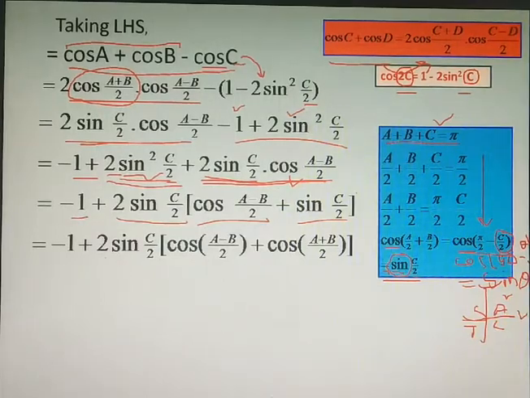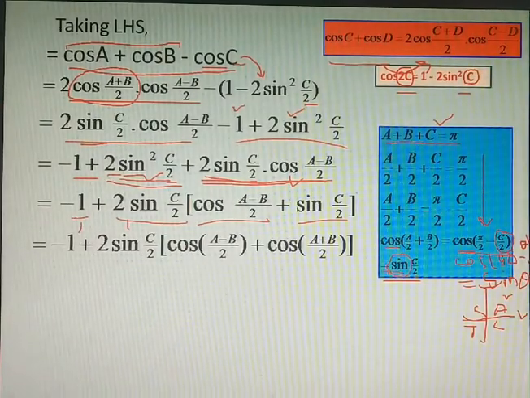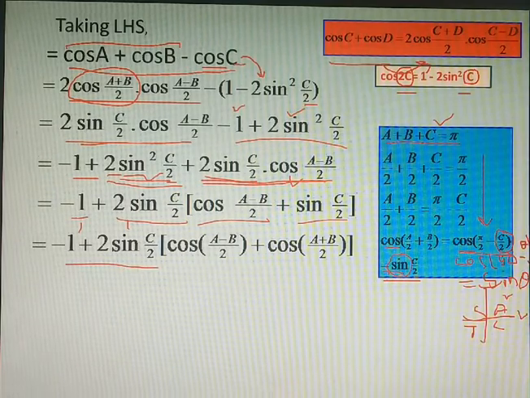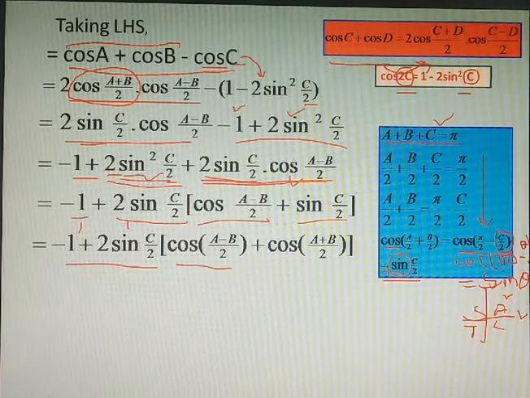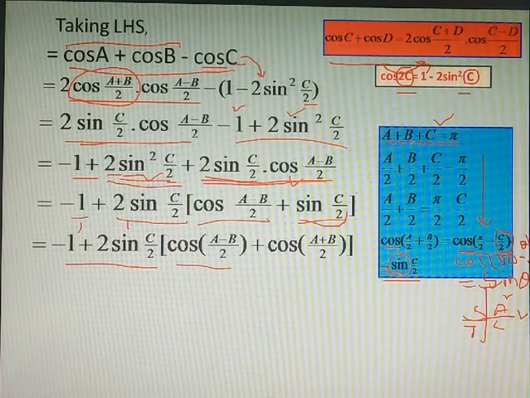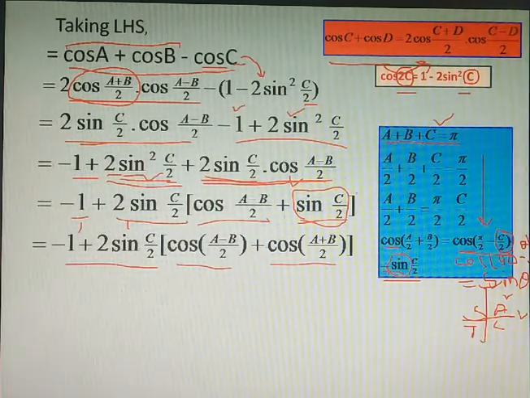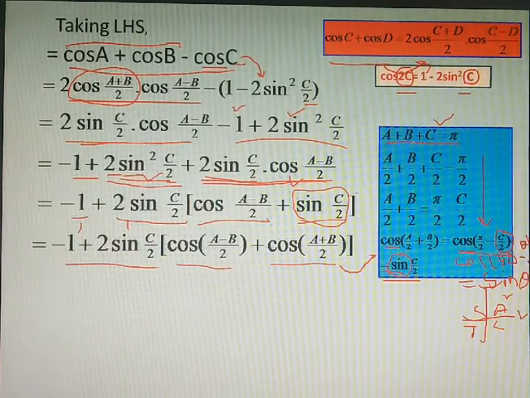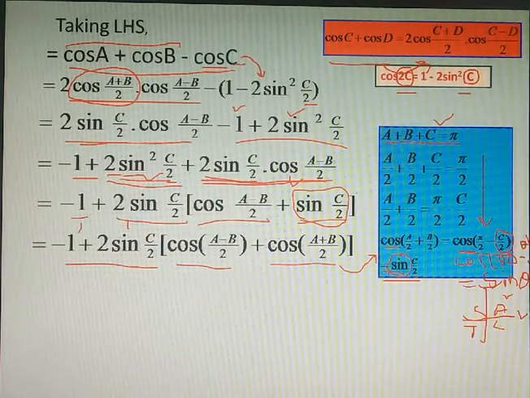And then after this step, we can write −1 − 2 sin(C/2), same as above, [cos((A−B)/2) − ...], and this sin(C/2) can be converted into cos((A+B)/2), as I have already described in the above step following this table.